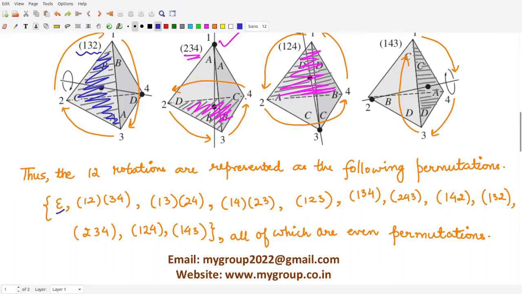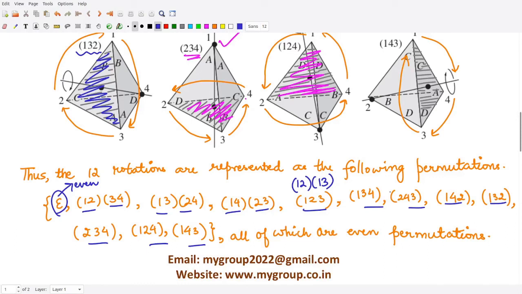Here epsilon represents the identity permutation, and if you notice, all of them are even. You already know identity is an even permutation. These 3 are the product of 2 transpositions, so they are obviously even, and all the others are 3 cycles. And you can represent a 3 cycle as a product of 2 transpositions, correct?